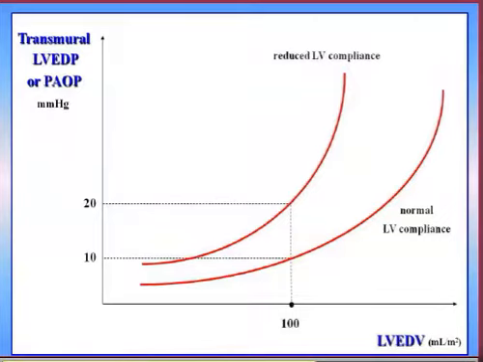But in case of reduced left ventricular compliance, for the same 100, you may have 20 mmHg of pressure. And conversely, you may have 10 mmHg for 100 and 10 mmHg for 50 in case of a reduced compliance ventricle. So it is linked, but one parameter does not mean the other parameter.